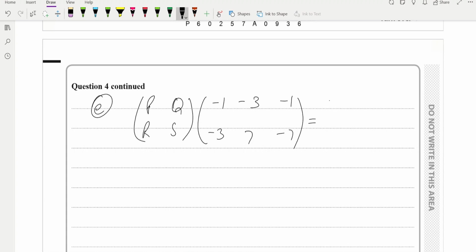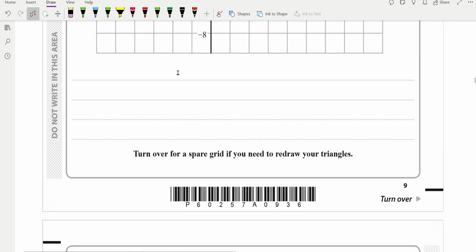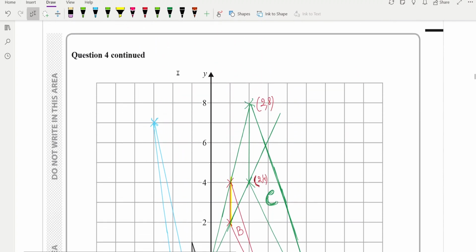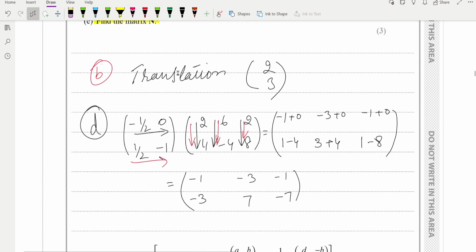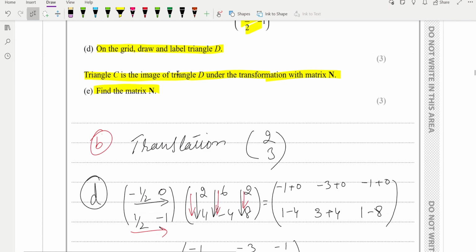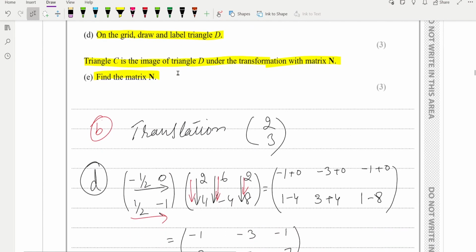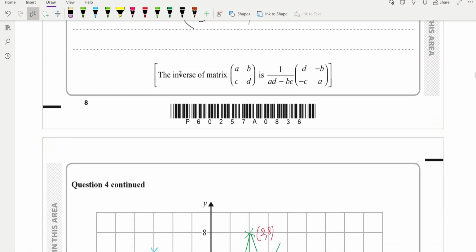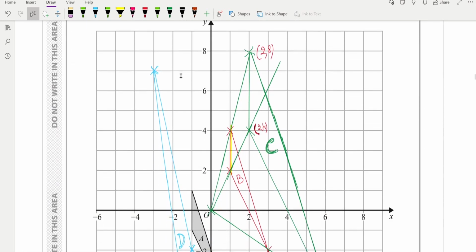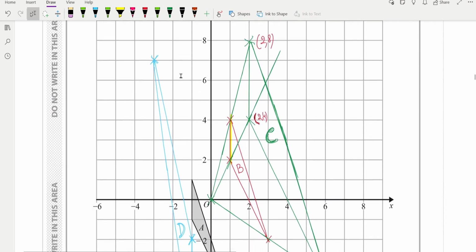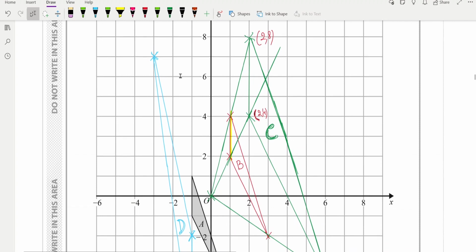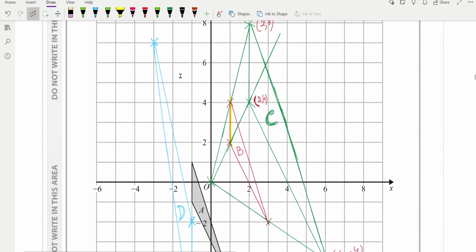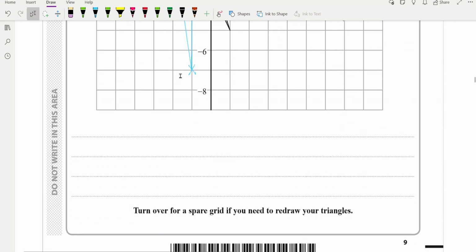They are saying this is equal to the image, since triangle C is the image of triangle D. So image C has coordinates 2, 8, and we can write the coordinates of this one also.